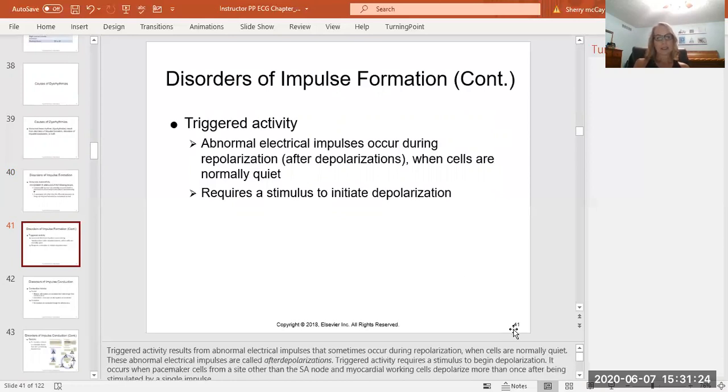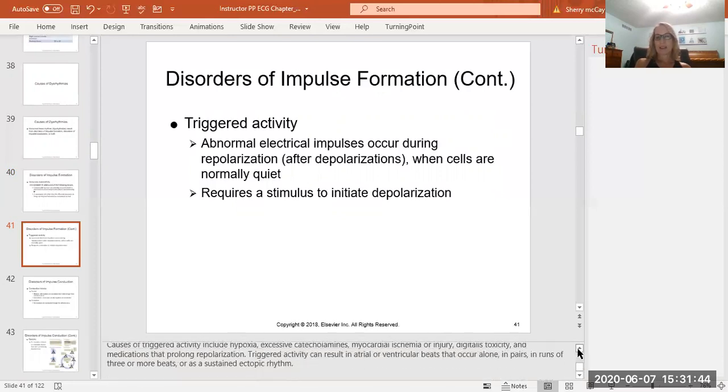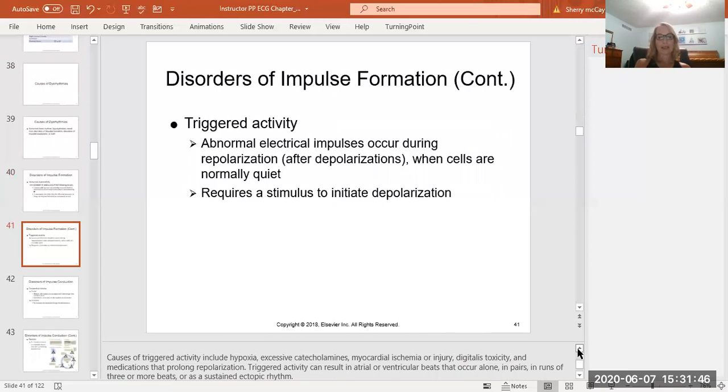It occurs when the pacemaker cells from a site other than the SA node, and myocardial working cells, depolarize more than once after being stimulated by a single impulse. Some causes can be hypoxia, excessive catecholamines, MIs or injury, digitalis toxicity, and medications that prolong the repolarization. Okay.